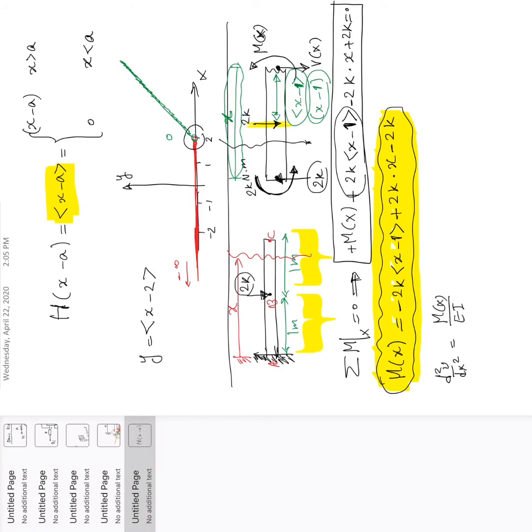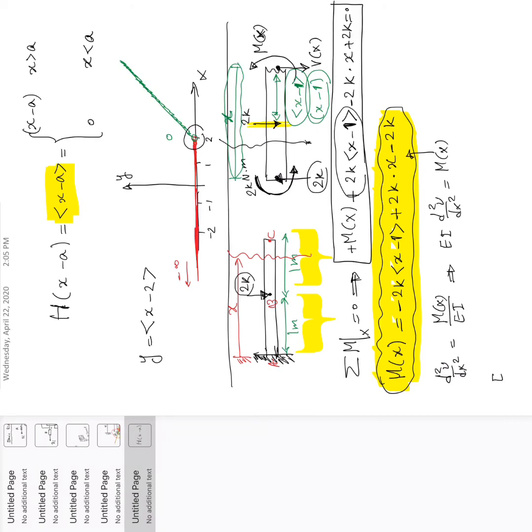Take EI to one side and consider it as a constant. So you get EI times the second derivative of deflection is equal to M of x, which is simply this equation, right? So I just plug the M of x in here, and then I go ahead and do double integration, right?